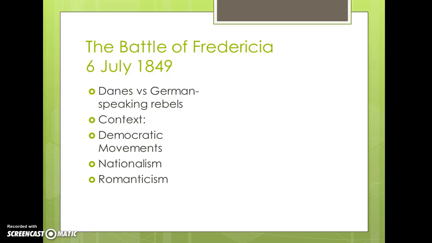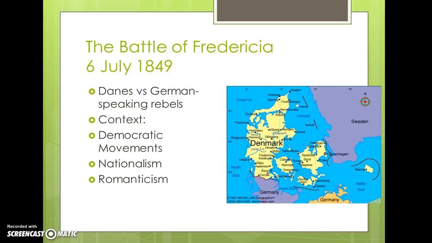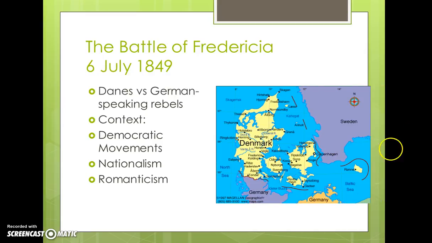Just a bit of a geographical overlook. This is Denmark as it looks today. Right here you have what is today northern Germany. Back then they were areas ruled by the Danish king. And right here you have my hometown, Fredericia.